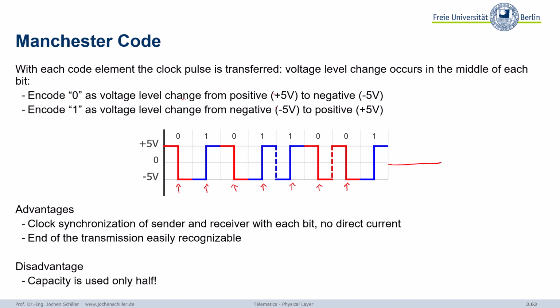But due to the insertion of these helper edges, as let's call them, we again require twice the bandwidth, because you could transmit a long sequence of zeros and ones. This creates twice the bandwidth, or assuming the same bandwidth, capacity is only half.